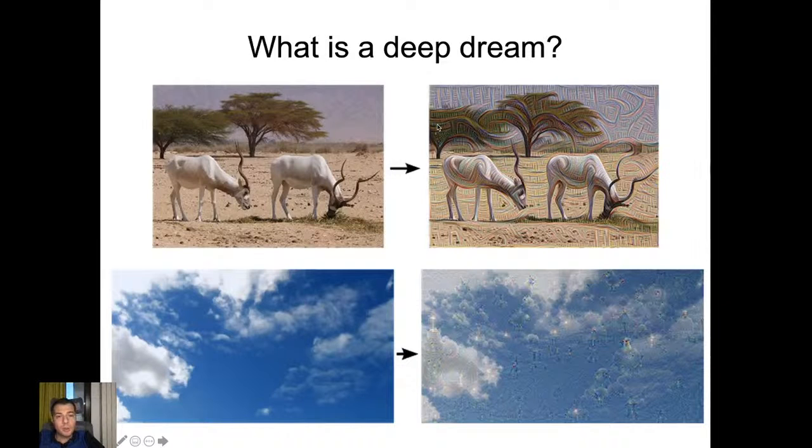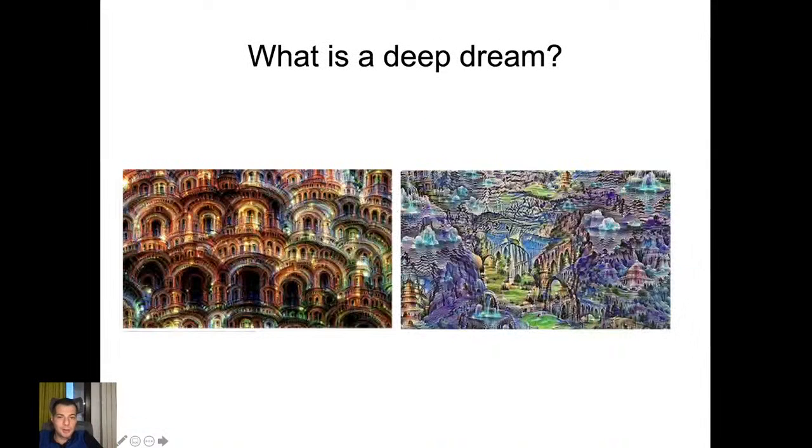If you apply this at a lower level, so for example, if you maximize the output of a layer that is closer to the input, then you generally obtain images with these low-level patterns. Okay, so these images are obtained with the same technique, but they are optimized with respect to a different layer of the neural network.